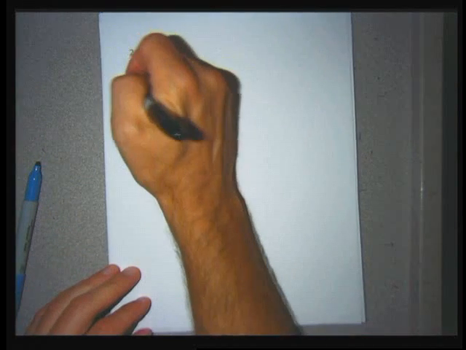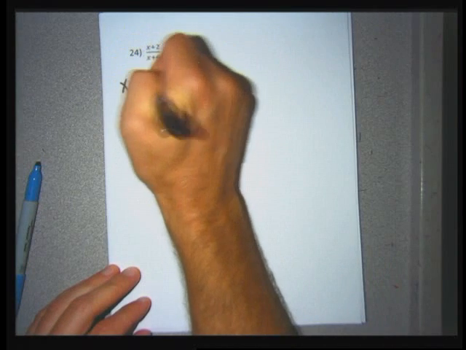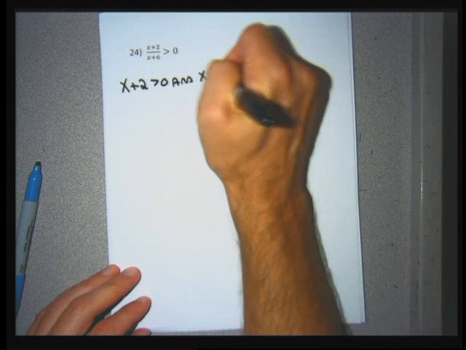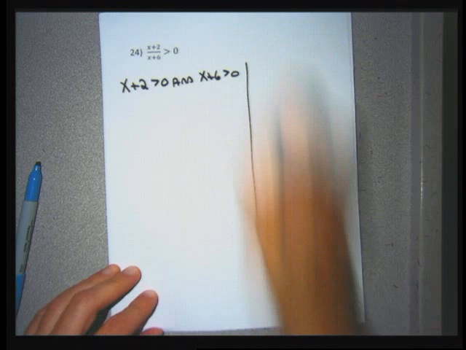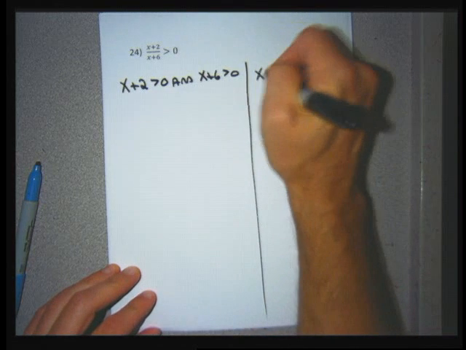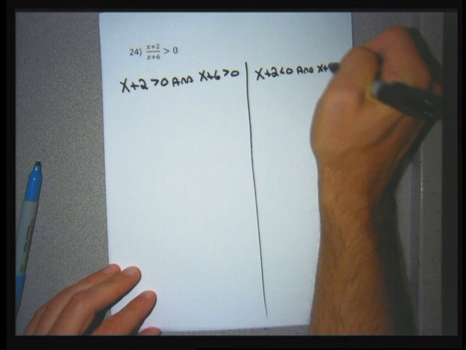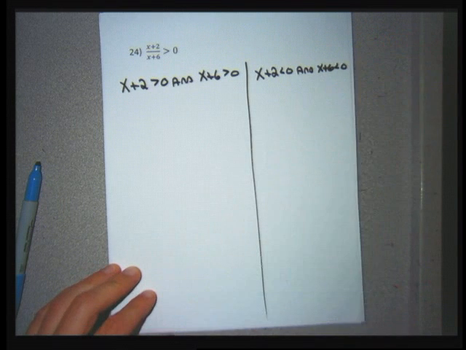24, another greater than. I need both my answers to be positive or both to be negative. So I'm going to go either x plus 2 is greater than 0 and x plus 6 is greater than 0, or x plus 2 is less than 0 and x plus 6 is less than 0.